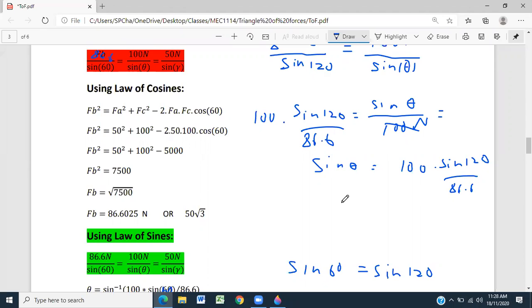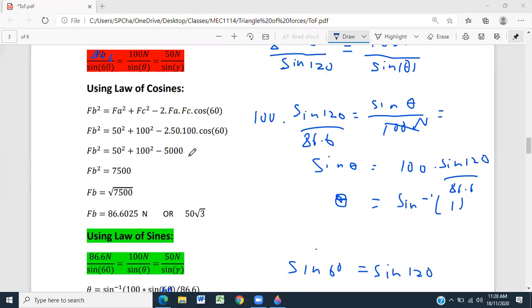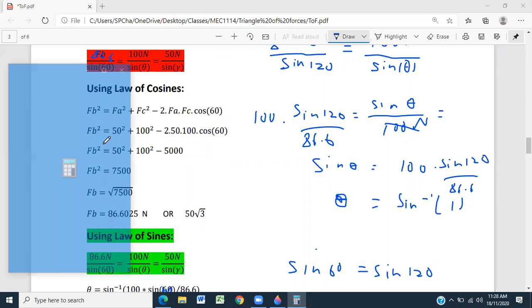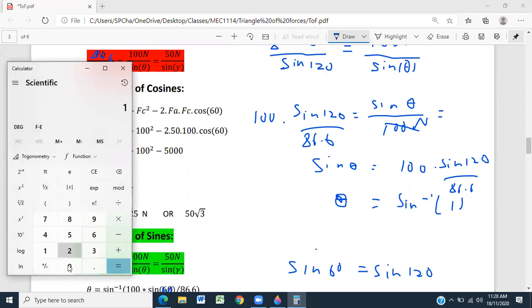So when we do theta is equal to sine inverse, right, of 100 times sine 120 over 86.6, this will just give you 1, right? So let me just put this into the calculator real quick. So 120, right?